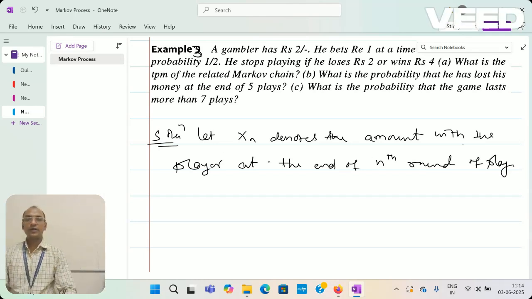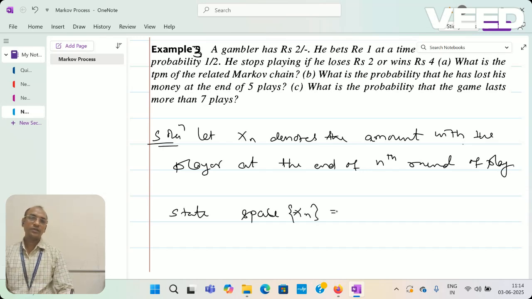Okay. So if Xn denotes the amount with the player at the end of the nth round of the play, then the state space will be nothing but what will be the state space?